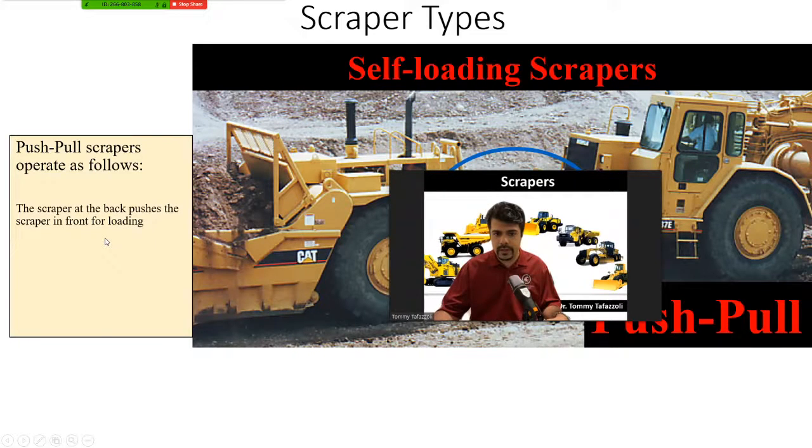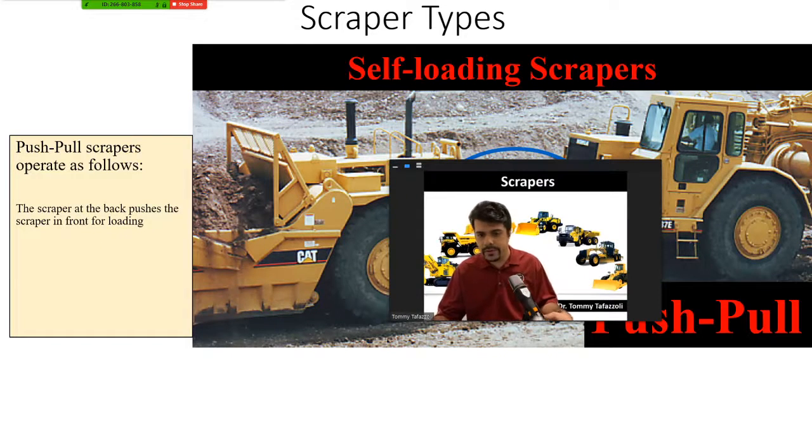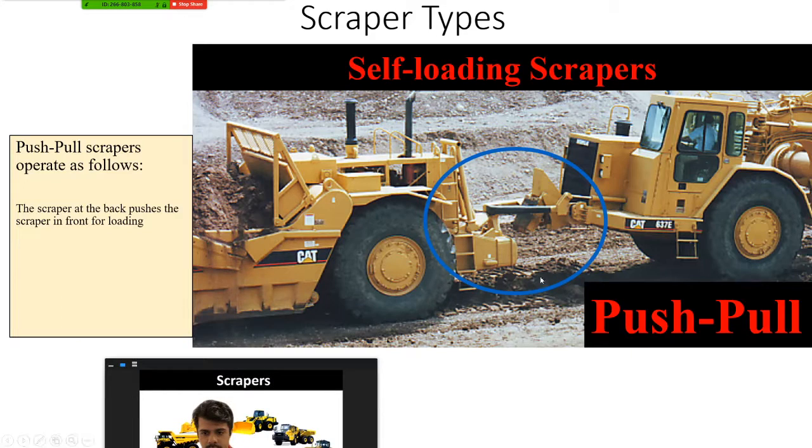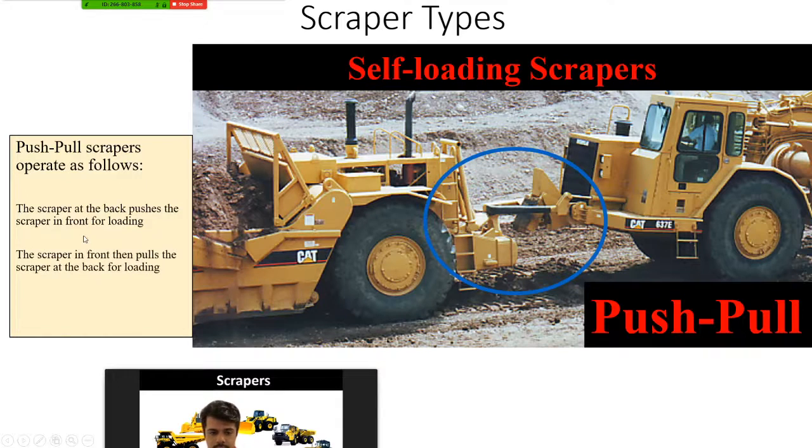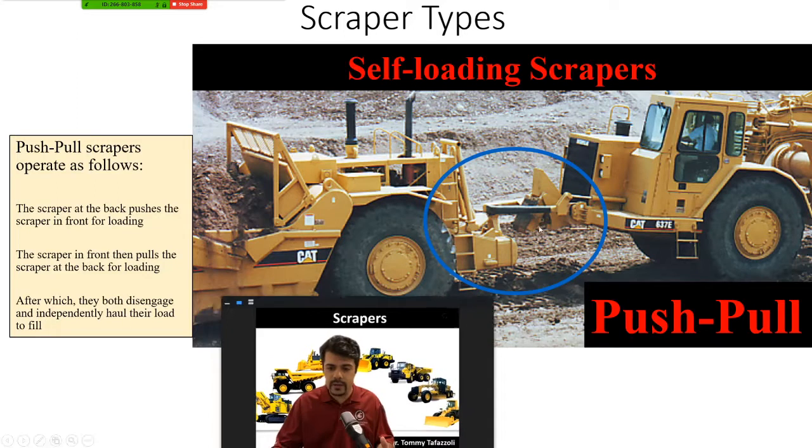So self-loading scrapers. Okay, push-pull scrapers. This is push-pull. The operator at the back pushes the scraper in front for loading. The scraper in front then pulls the scraper at the back for loading. So it's not like the one in the back is all the time pushing the one in the front.